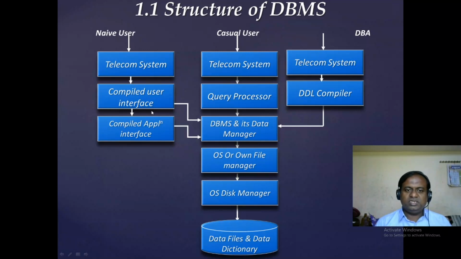Compiled user interface and compiled application interface, that means application programmers who want to use the database using a programming language, that compiled format of the program is given to the data manager, and so is any query executed by the user apart from the compiled format and DDL category command.